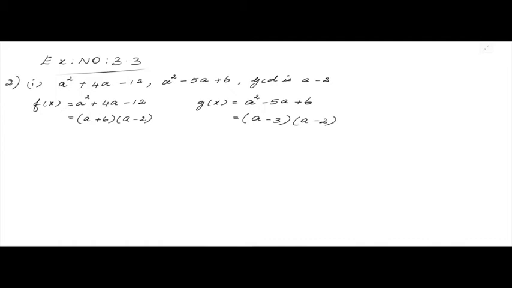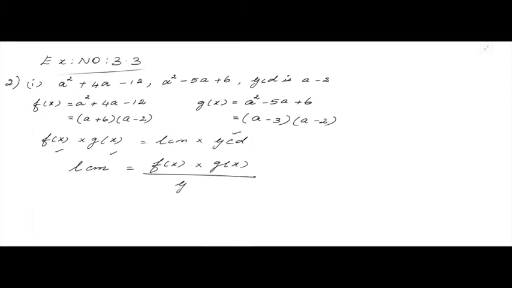Now we have to find LCM. LCM, how do you find? The same relationship: f of x into g of x is equal to LCM into GCD. Am I right? Here this is known and these two are known, isn't it? So this one is unknown. So LCM is equal to f of x into g of x divided by GCD. Can we have like this? Substitute, what is f of x?